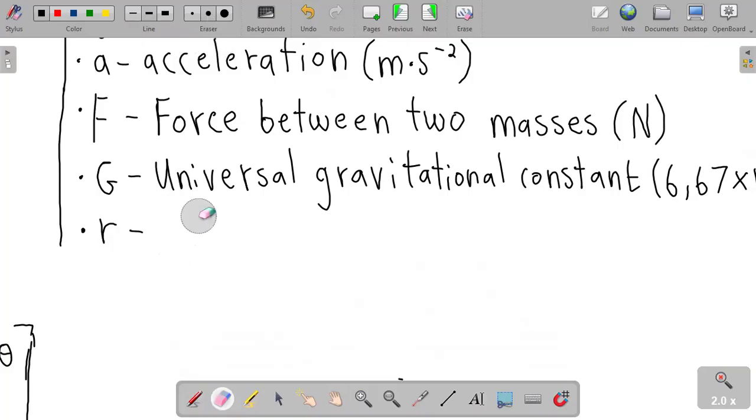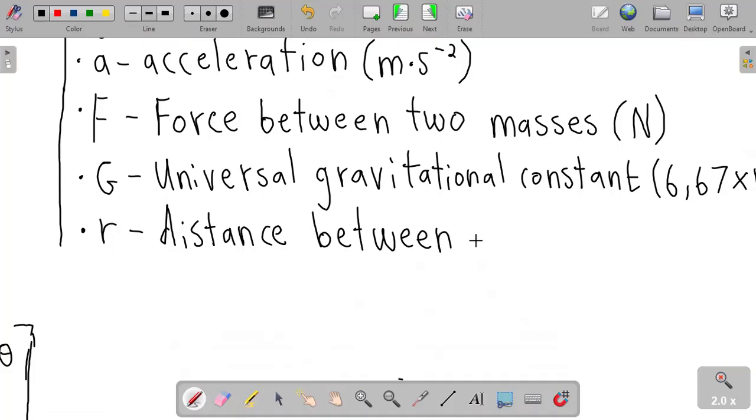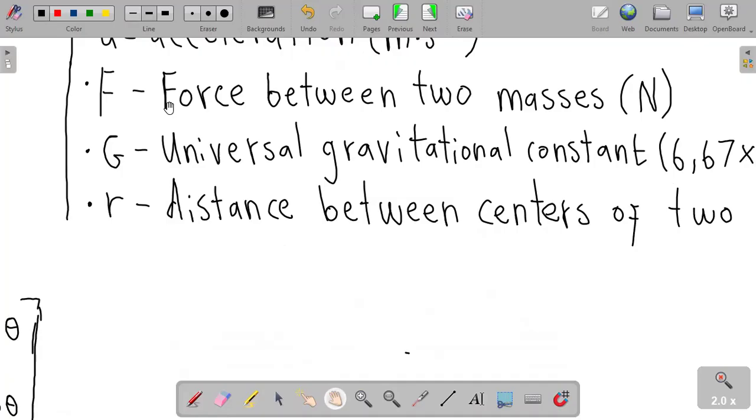This is the distance between centers of two planets.